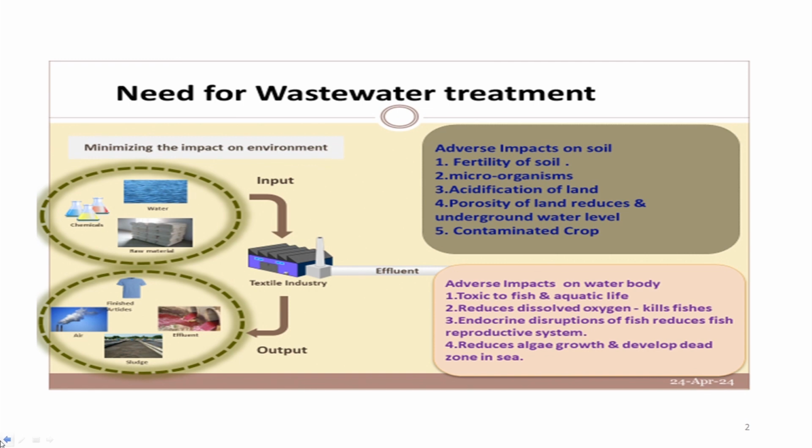So, there is a need for wastewater treatment, and by now we have understood this very clearly, that textile wastewater cannot be let out without treatment into the water bodies.